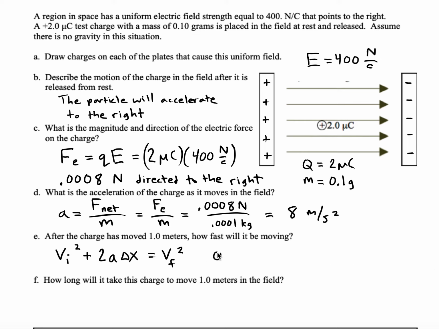We're going to start off with 0 speed. Have a displacement of 1 meter. Final speed, 4 meters per second.